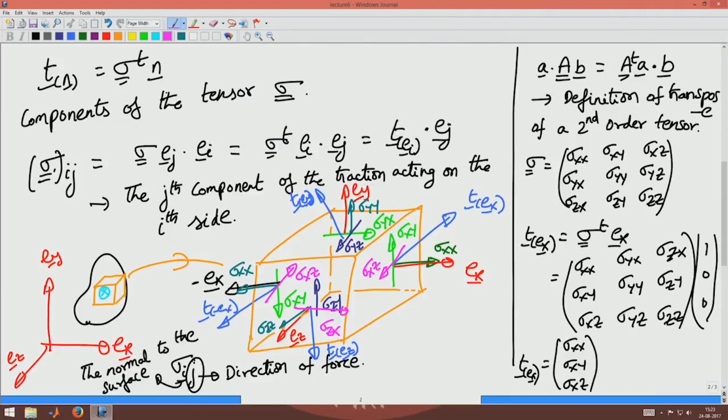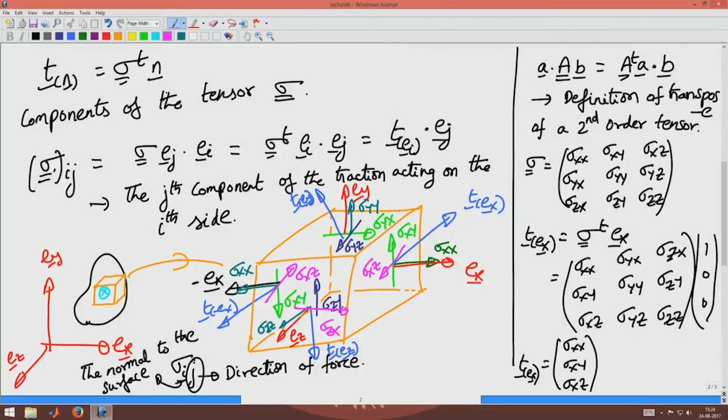Okay. Now, we understood how you get the components of a stress tensor. The way we get the components of the stress tensor is we go to a point in the body, draw an infinitesimal cube such that the sides of the cube have its normal along the coordinate directions. Once you get the sides of the cube oriented along the coordinate directions, then the sigma x x, sigma y y and sigma z z would act along the normal to each of the x, y and z faces, and hence they are called normal stresses.